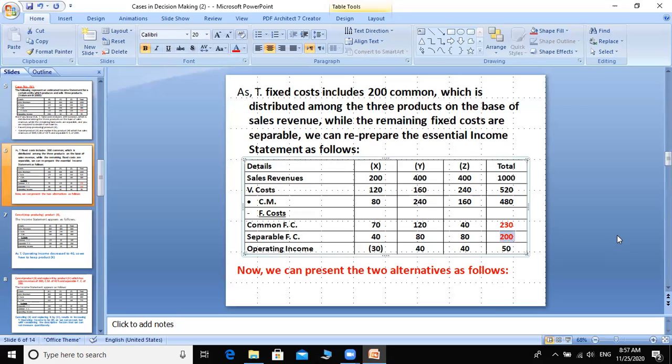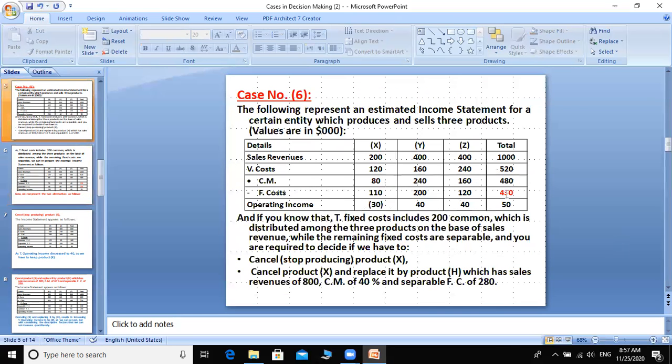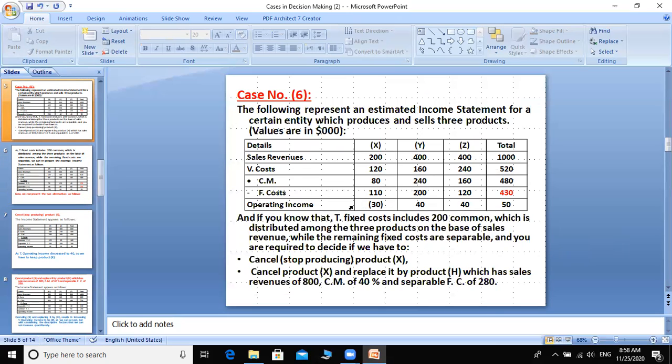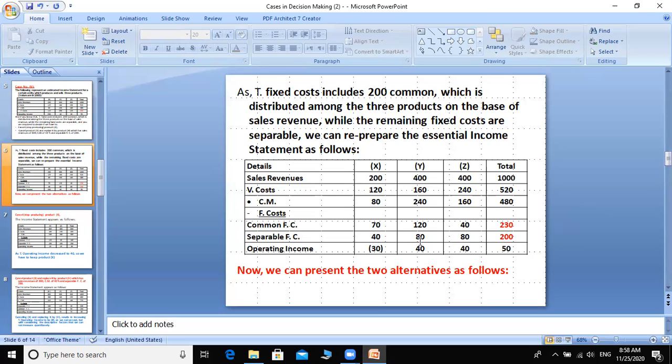Now, the 430 here, we have fixed cost regarding X 110, out of which we have common 40. So the remaining separable cost is 70. Again, for Y, the total fixed cost is 200 included in the 430, out of which we have common 80, so the separable fixed cost is 120.